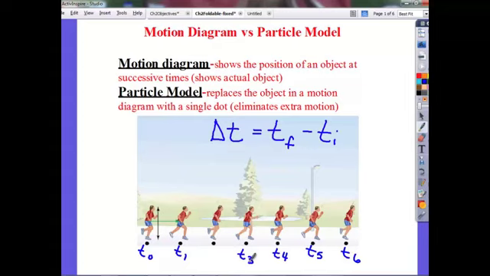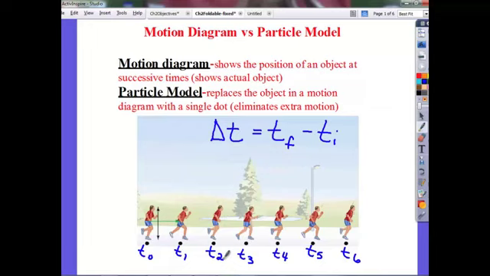The big idea with a motion diagram or a particle model, which we'll talk about in a moment, is that the time interval between the objects, which would be the person, or the dots, are the same. So if this is a person running and there's 5 seconds between each dot, then t6 minus t5 would be t final minus t initial. That would give us 5 seconds.